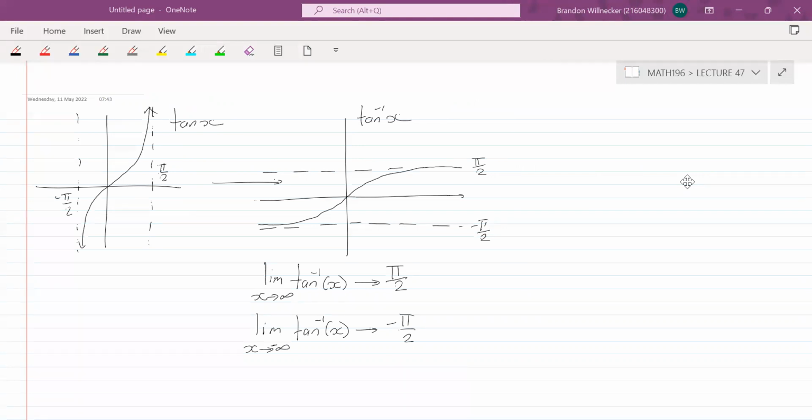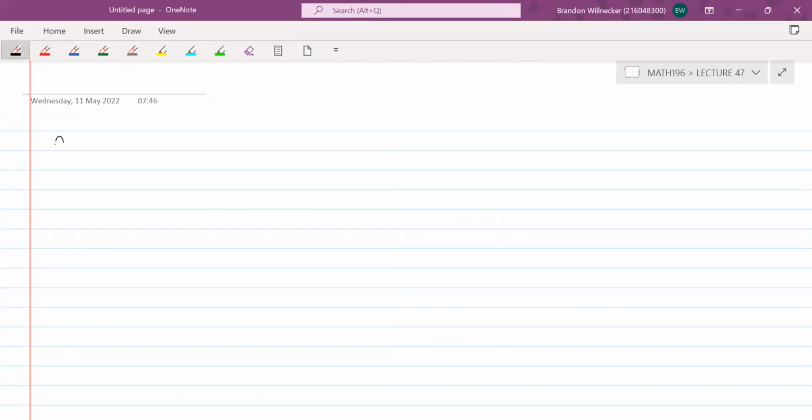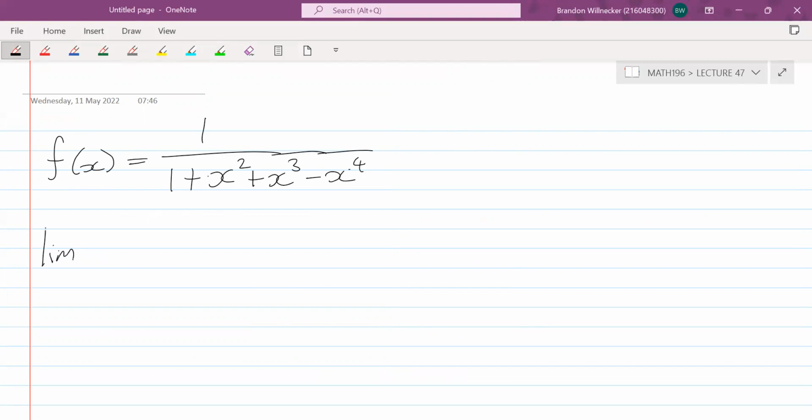So just to go over one more thing. If you ever have a function like this, f of x is 1 over 1 plus x squared plus x cubed minus x to the 4, if you want to write anything like this and you want to take the limit, remember that we're taking the limit, for example, as x goes to infinity.